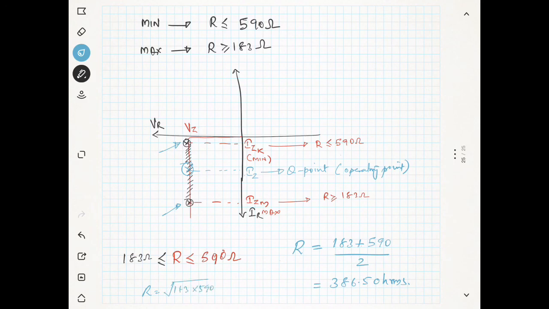This is also possible, but you can follow the simple average. I don't want to make it more complicated. So the answer is the average of the minimum and maximum values. I hope that this is clear to you. Thank you.